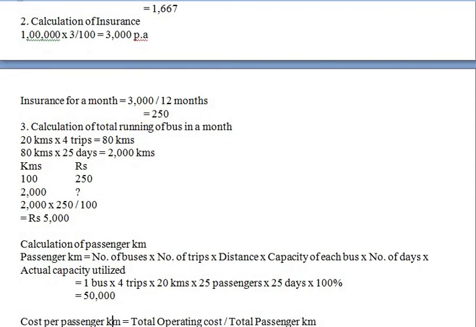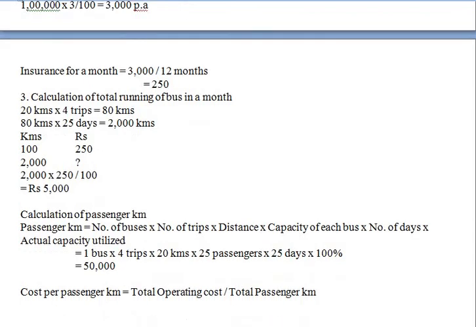Now we will calculate cost per passenger kilometer. For that the formula is total operating cost divided by total passenger kilometer. Total operating cost is 11,281 divided by total passenger kilometer is 50,000.